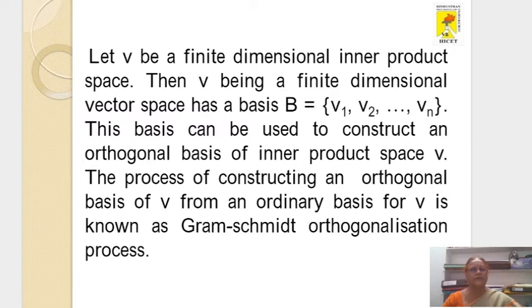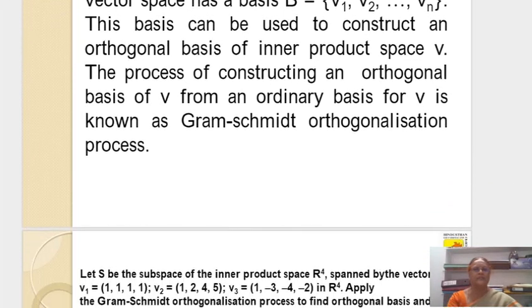Then, V being a finite dimensional inner product space, the vector space has a basis V equal to V1, V2, etc., Vn. This basis can be used to construct an orthogonal basis of inner product space V. The process of constructing an orthogonal basis of V from an ordinary basis for V is known as Gram-Schmidt orthogonalization process.